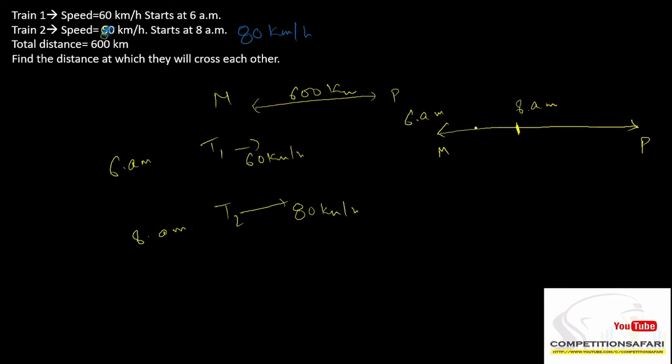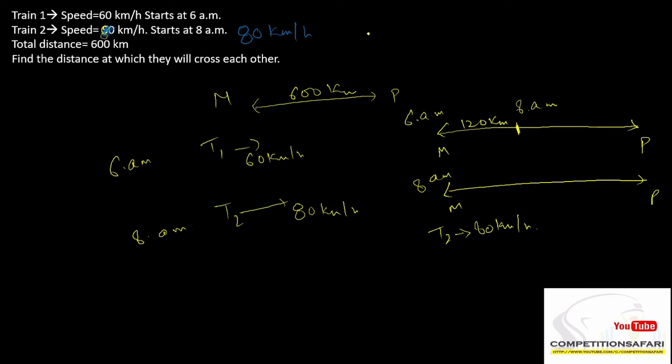So in 2 hours it would have covered 120 kilometers, and at 8 a.m. train 2 is here starting at 80 kilometers per hour.